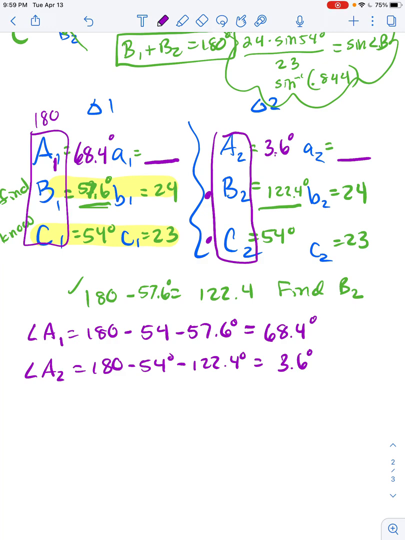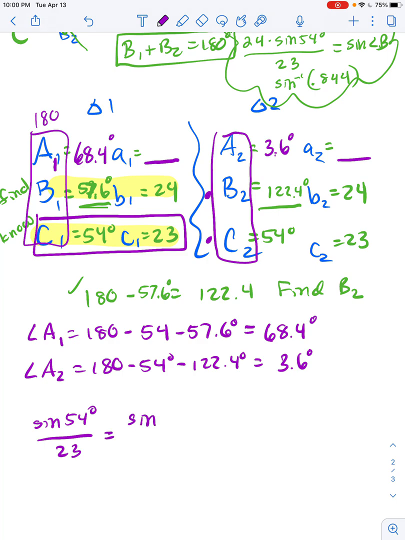So to find A1, I always like to use what I was given, which is the 54 and the 23, and set that up with what I'm looking for. And I'm looking for side A, so I'll need to set up my law of sines using big angle A1, meaning the first option. Cross multiplying, and at this point, again, this part shouldn't be super complicated.